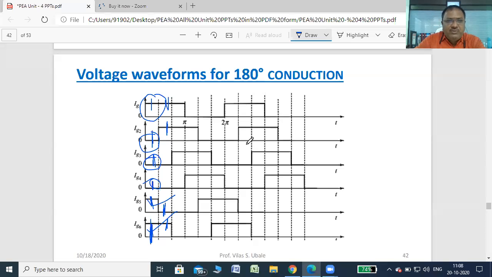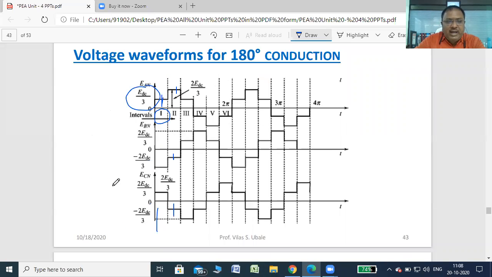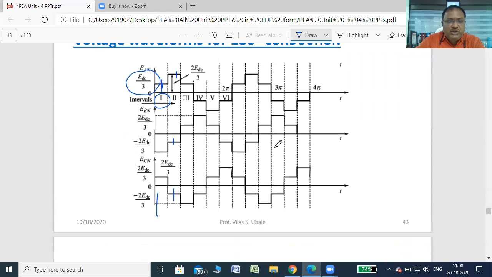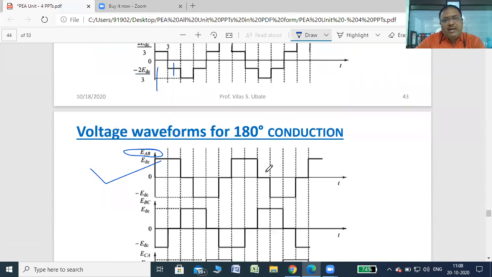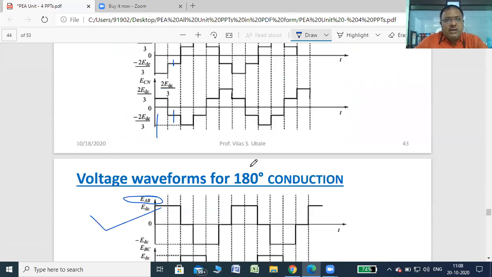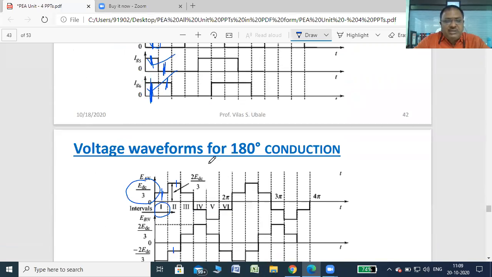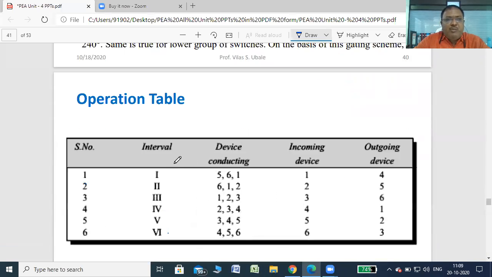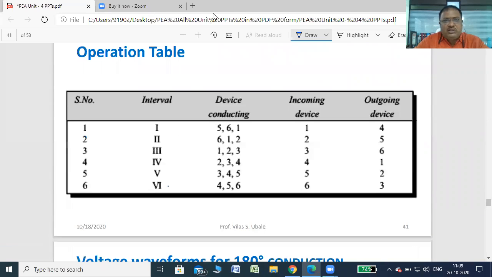These are the triggering waveforms. Then the second one is the phase voltage, and the third waveform is the line voltage. How EAB and EBC are calculated, I will show you with the help of equivalent circuits. Don't bother about that, just the simple working with the help of the operation table.